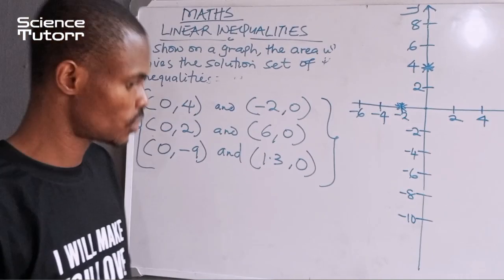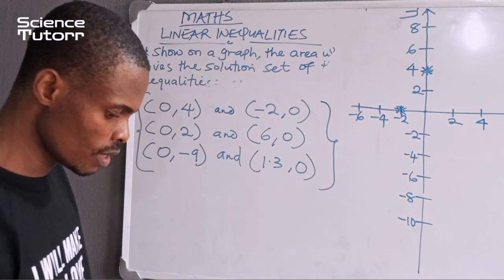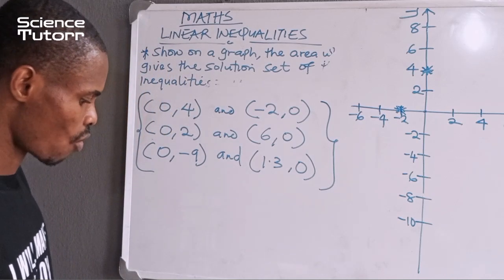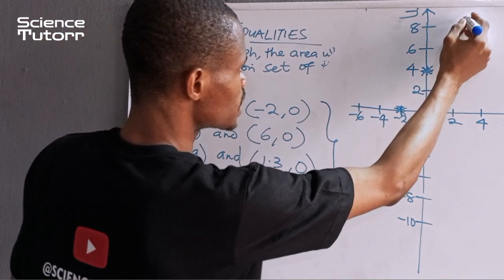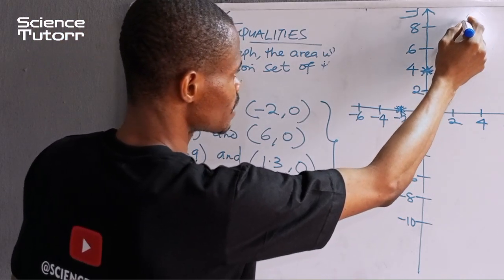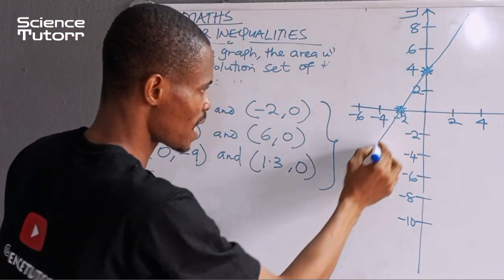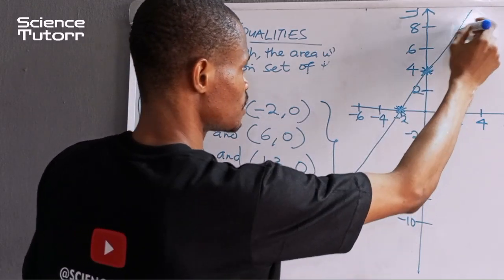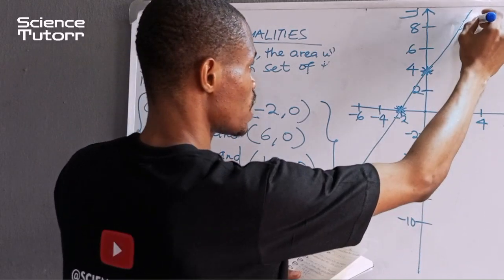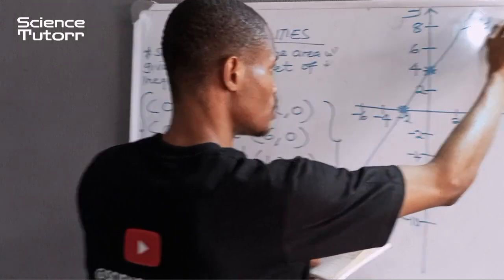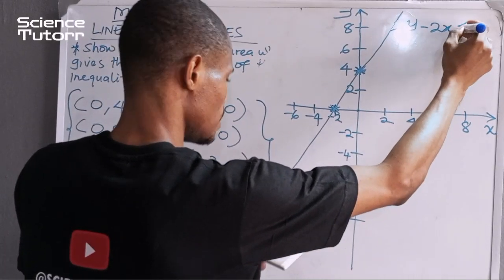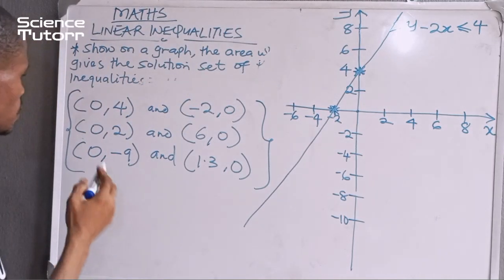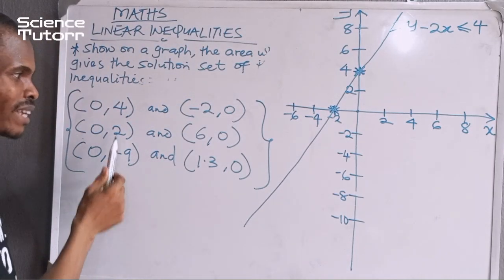The question says we have a less than or equal to. So that makes our inequality line a straight line. So this is for the first case, which we have as y minus 2x is less than or equal to 4.